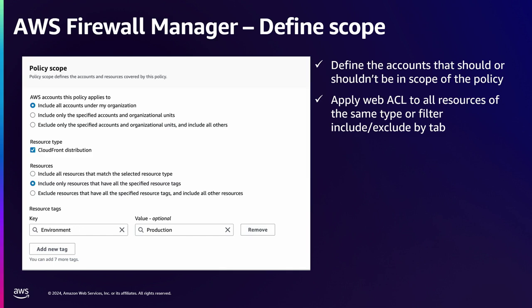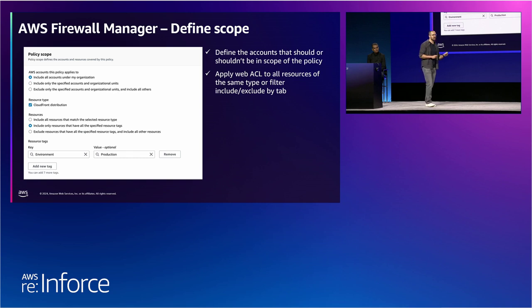So here what I'm saying is I'm including all the accounts. I want to check all the accounts in my organization. I'm only caring about the CloudFront distributions. The resources I want to apply the policy on are only the resources with a specific tag. So I'm only interested in environment production. I don't care if someone has a dev CloudFront distribution and they don't have the right policy on it.